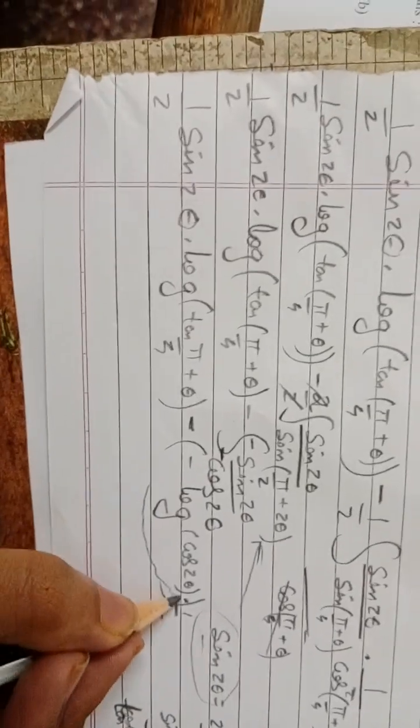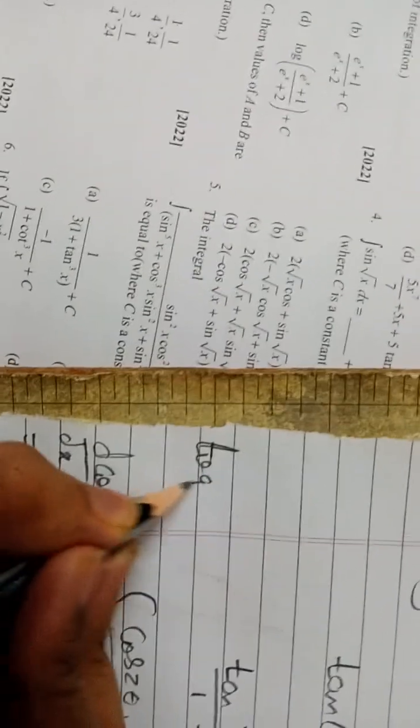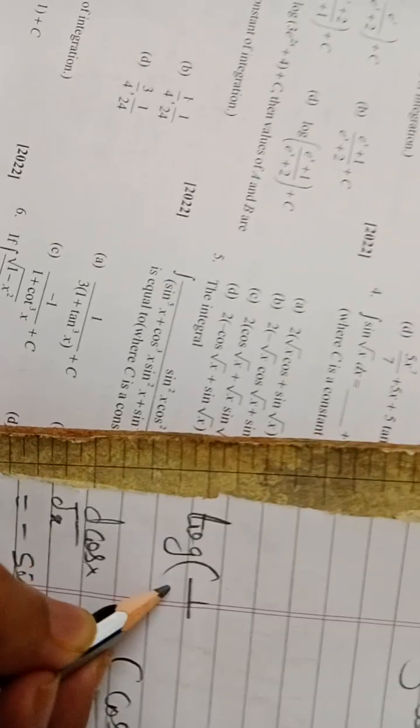But we know that this entire term is going to convert into sec 2 theta by the rules of log. If we take the minus sign up, we will just get log of 1 over cos 2 theta, which is just going to be sec 2 theta.